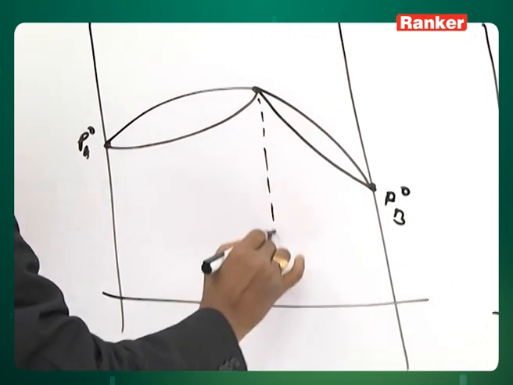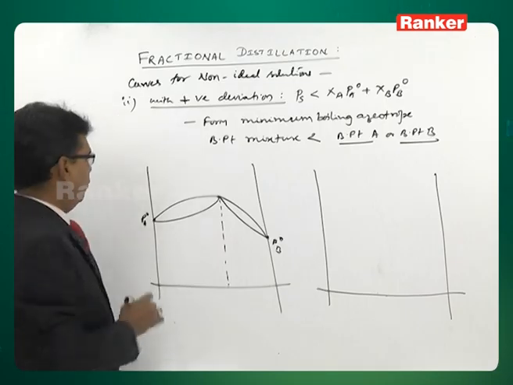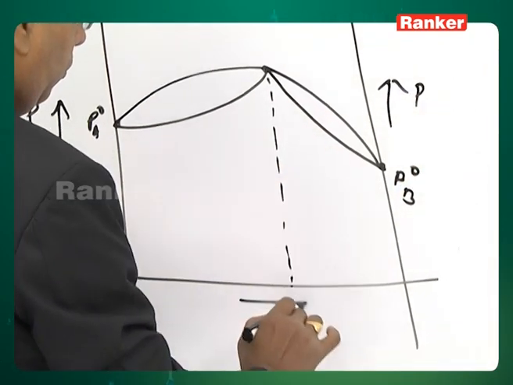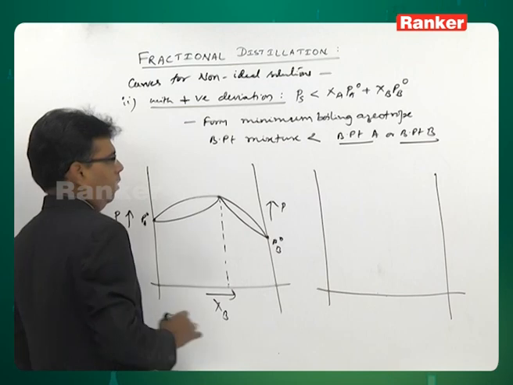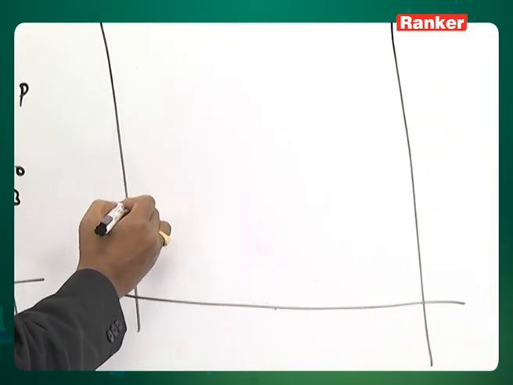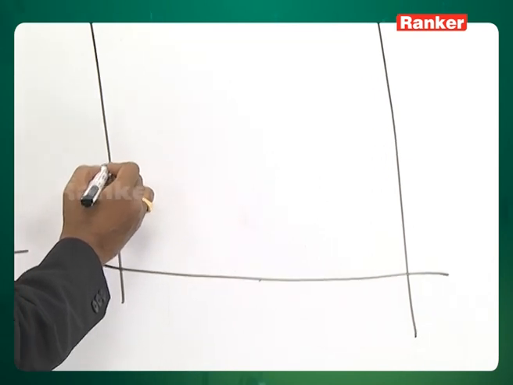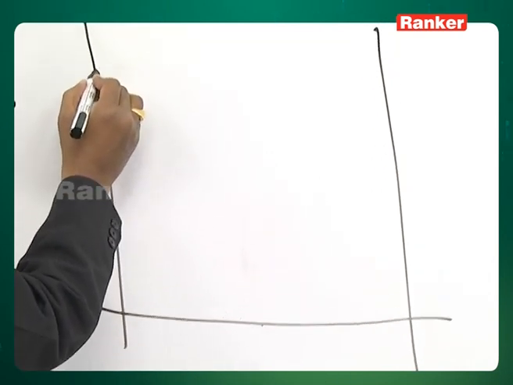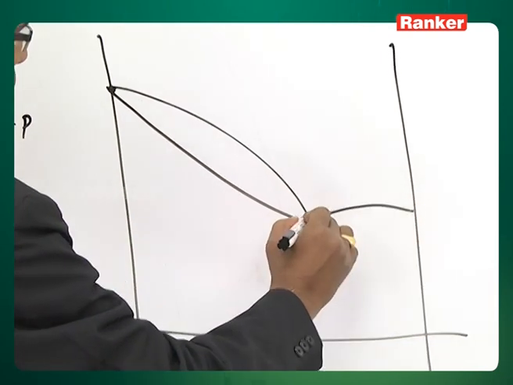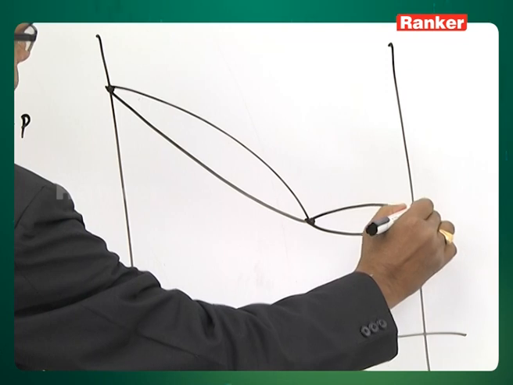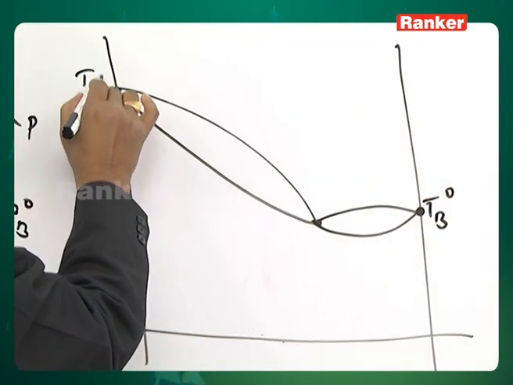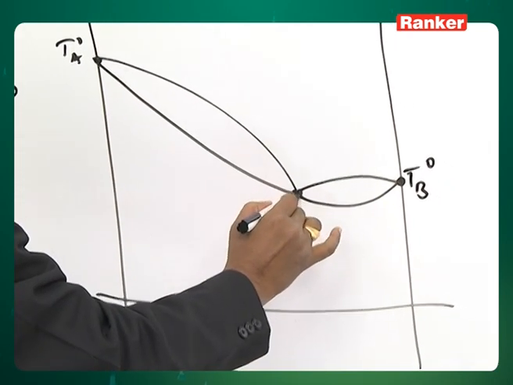This is the azeotropic composition with respect to vapor pressures. And when you draw the similar boiling point graph, the boiling point of A will be less than the boiling point of B, and the graph will be something like this. This will be TA naught, and this will be the azeotropic composition.